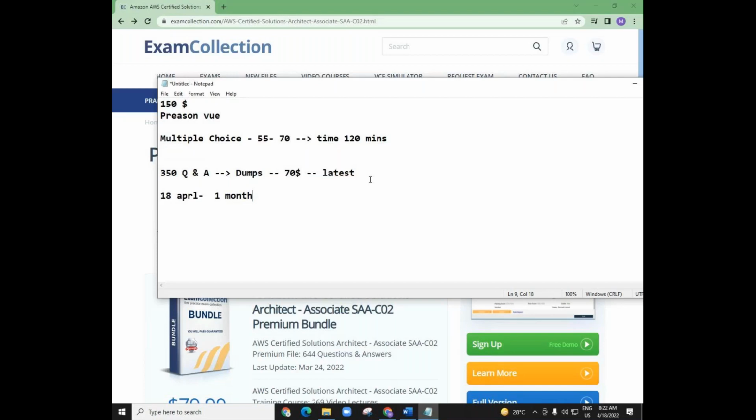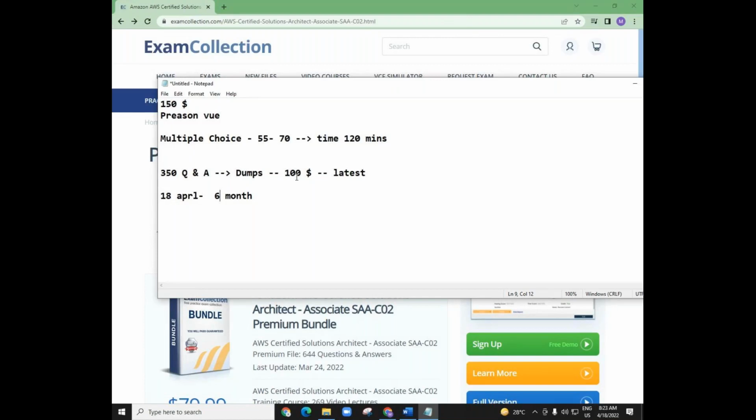Approximately 1 month. But there is one more option. Instead of paying $70, if you pay around $100, you can get a dump that is valid up to 6 months. Whenever they change questions in the dumps, they will update all the questions for you. So if you pay more money, you get more time.